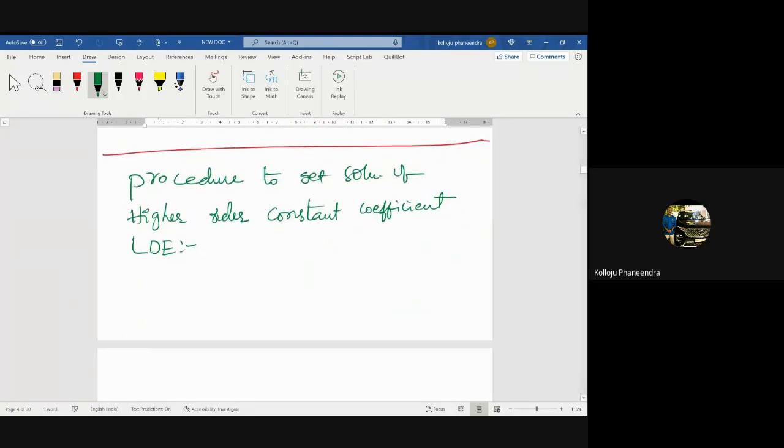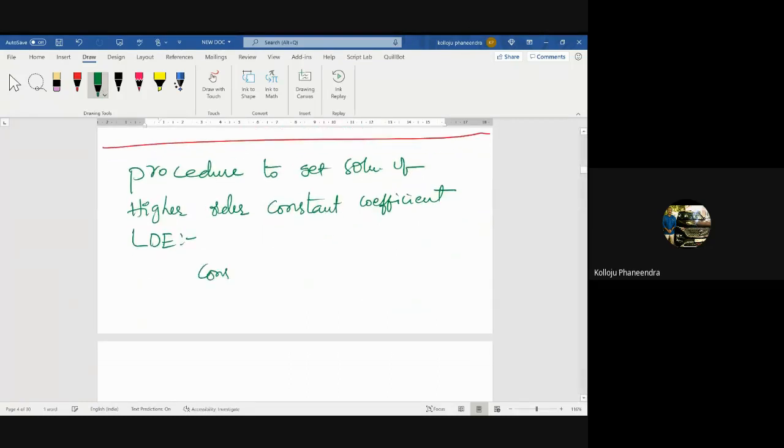Okay, consider the differential equation. What is the form? I will write f of D into y equal to 0. Equation 1. Step 1.